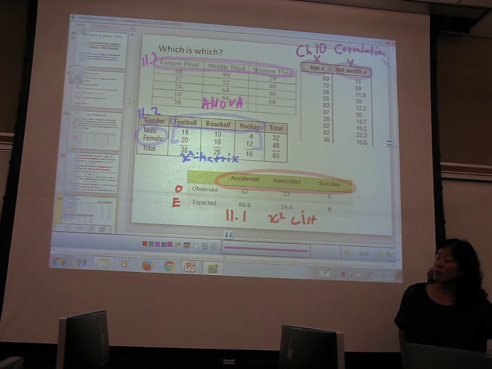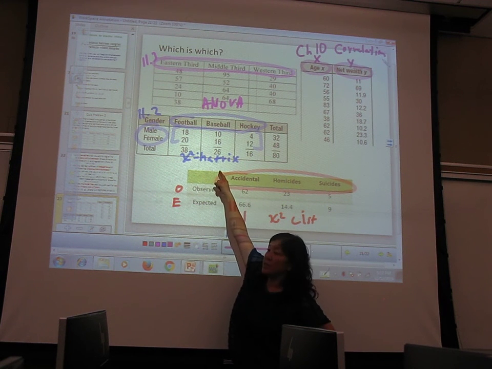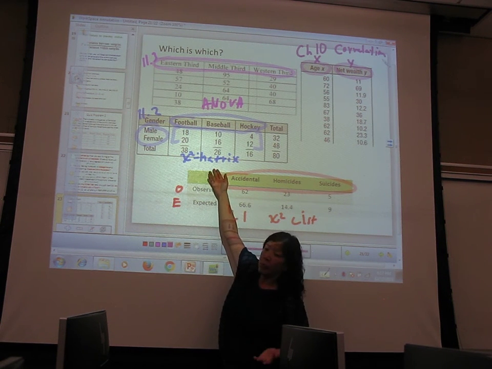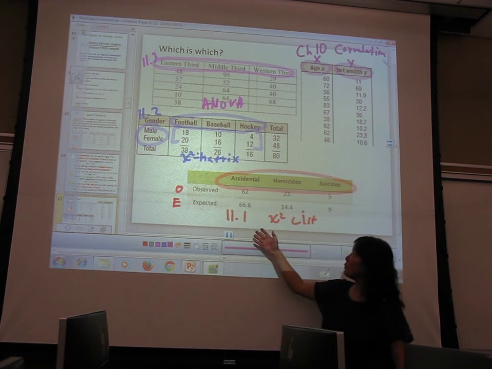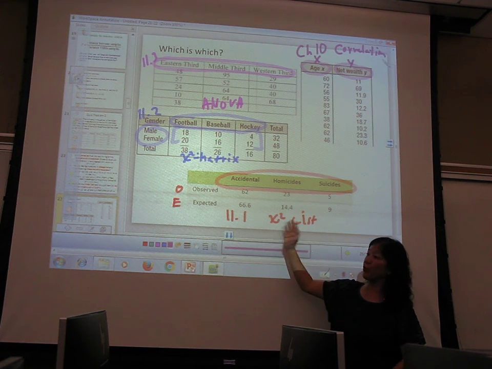So, what would be the step 5 for each of these? Like in chapter 11.3, there is enough evidence or not enough evidence to say the means differ. This one is going to be, there is or is not enough evidence to reject the claim that the proportions are as expected.